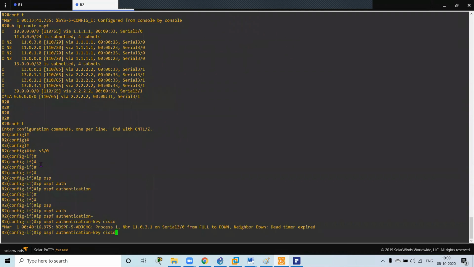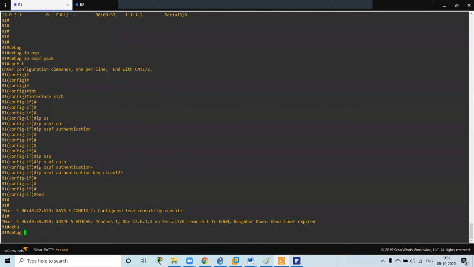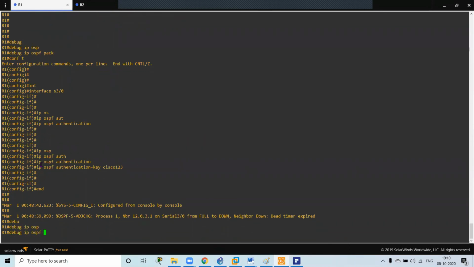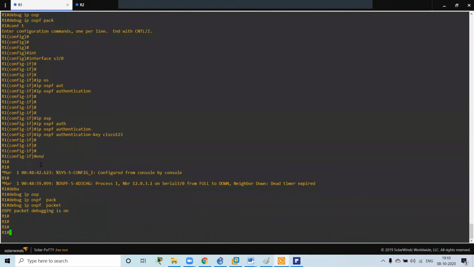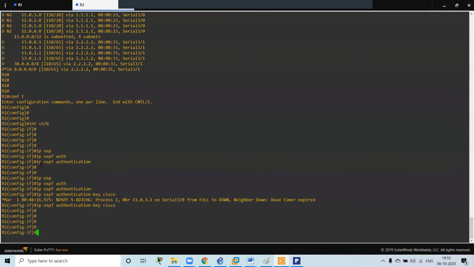Here, to check, I'll give a different key and enable debug IP OSPF packets. I will give a key as Cisco over here.